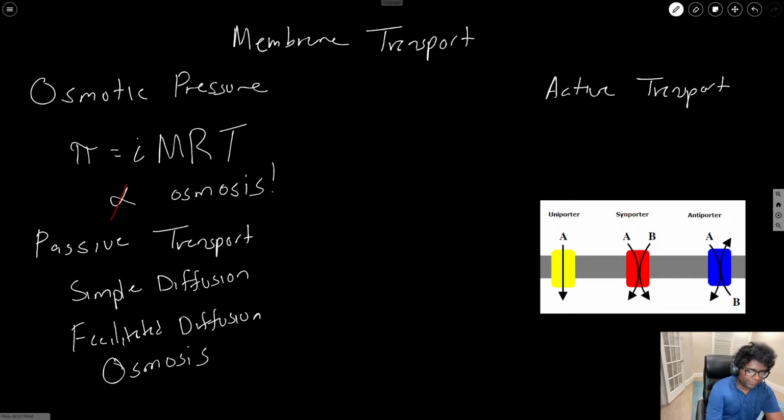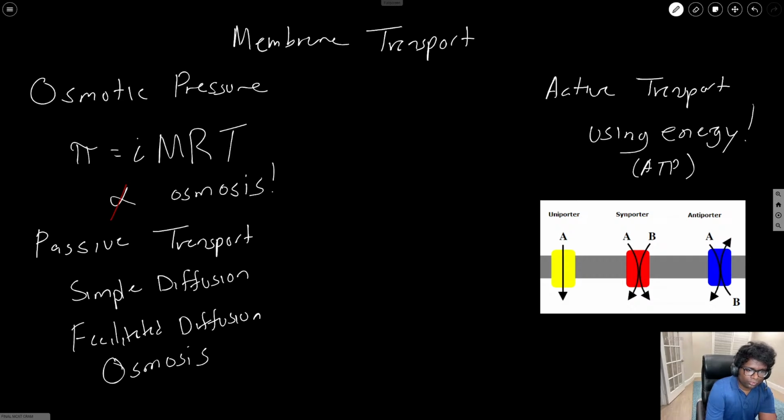Active transport is a bit different. You're using energy; that's the definition of active transport. It's in the form of ATP, obviously, and you want to move against the concentration gradient. So, let's talk about uniporters, symporters, and antiporters. A uniporter moves a molecule in one direction only.